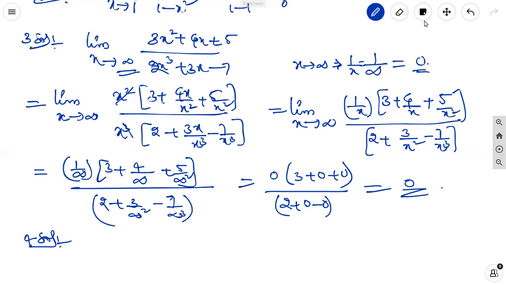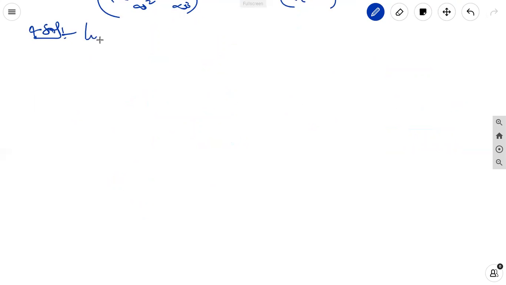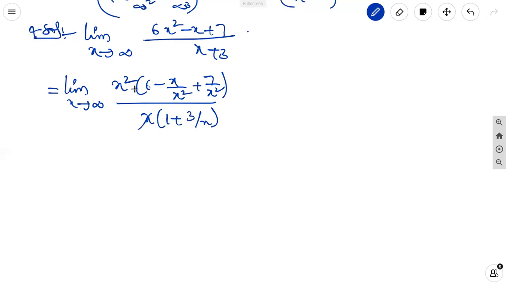Fourth solution: limit x tends to infinity of (6x square minus x plus 7) by (x plus 3). In this case, if x tends to infinity, the same rule, we take the highest power of x common. That is x square into (6 minus 1 by x plus 7 by x square) by x into (1 plus 3 by x), x cancels.